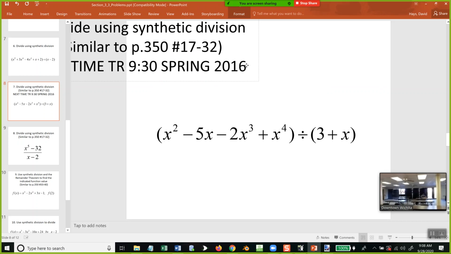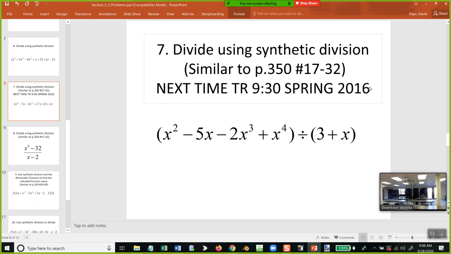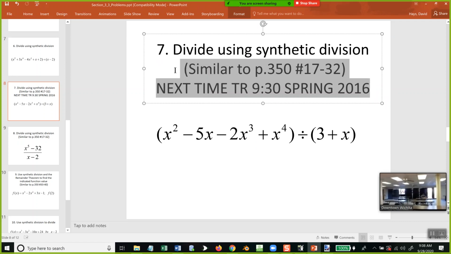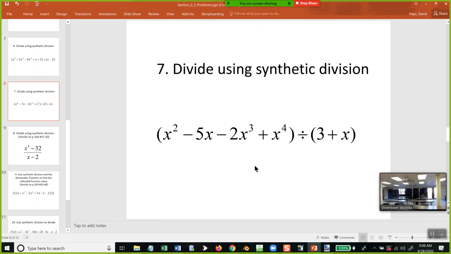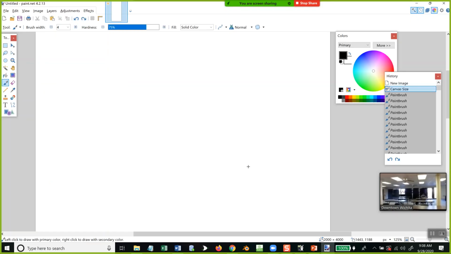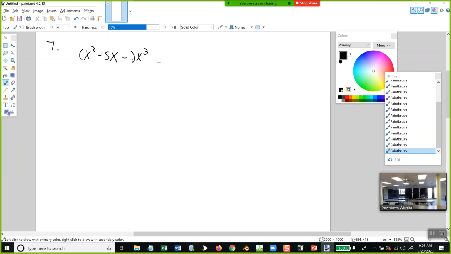Let's take a look at number 7. X squared minus 5x minus 2x to the third plus x to the fourth, divided by 3 plus x.